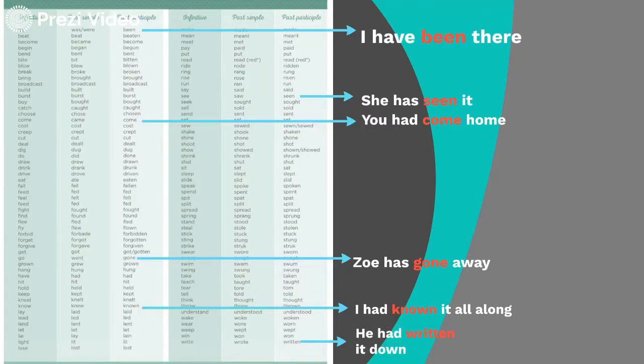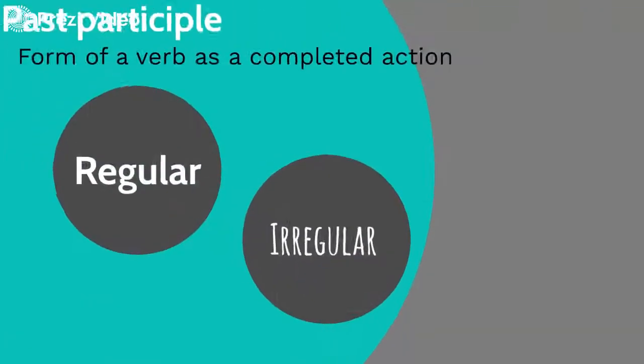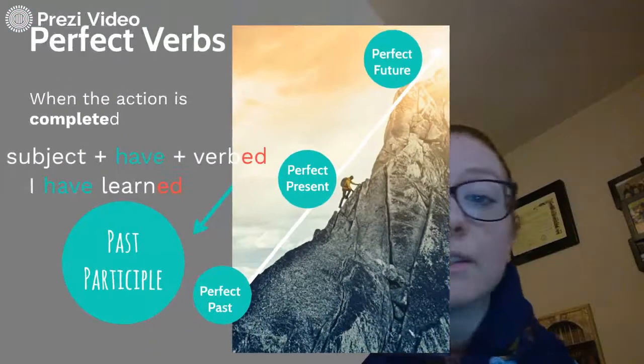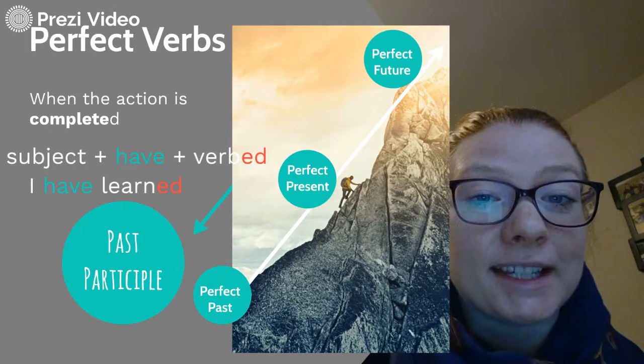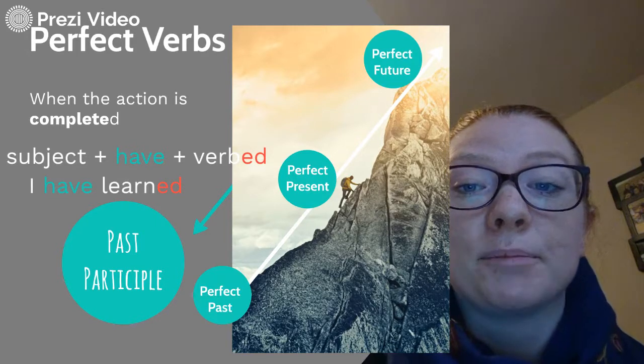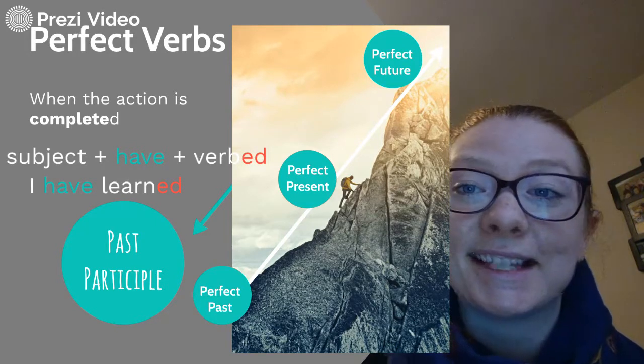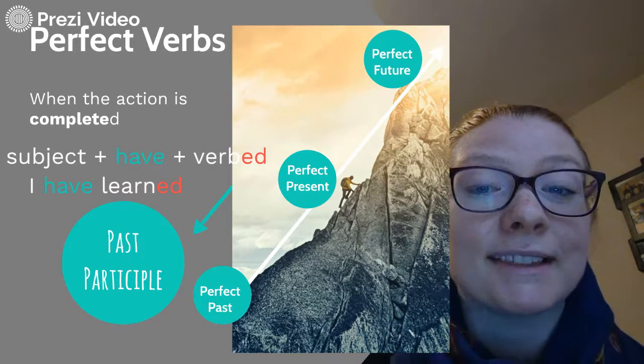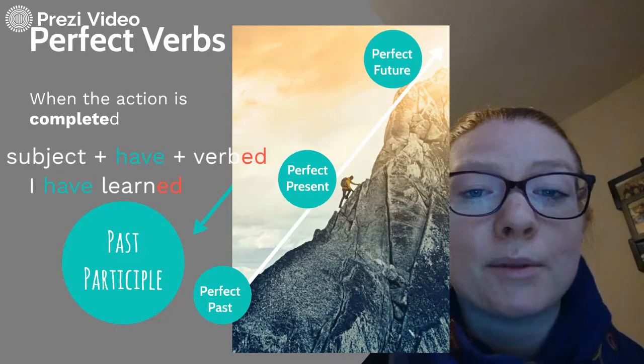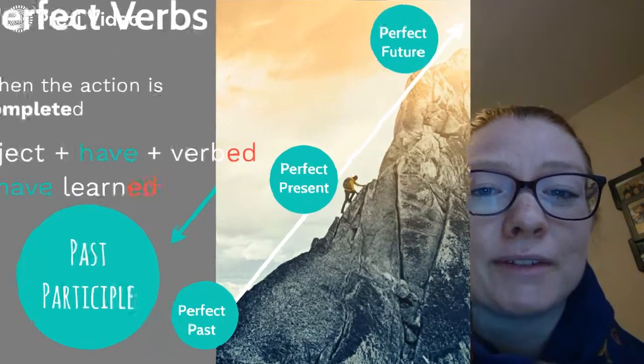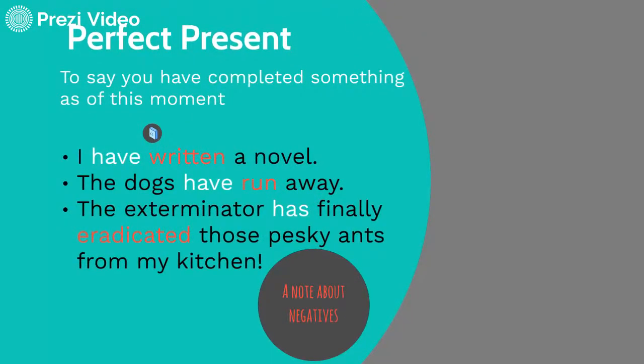All right, now let's talk about the three tenses. Remember, there's the present, the past, and the future, and the same is true of perfect verbs. And let's start halfway up the mountain where we currently are in the perfect tense. So the perfect present tense means that you are saying that you have completed something as of this moment.